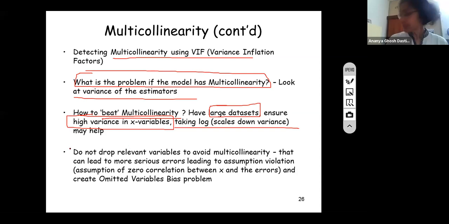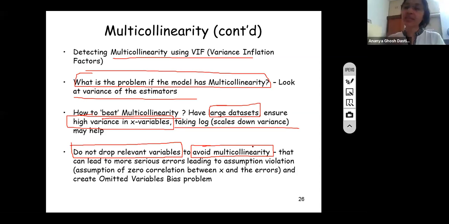Make sure you do not drop relevant variables in an effort to avoid multicollinearity. So suppose you have a regression of y on x1, x2 and x3, and you think that there is multicollinearity.